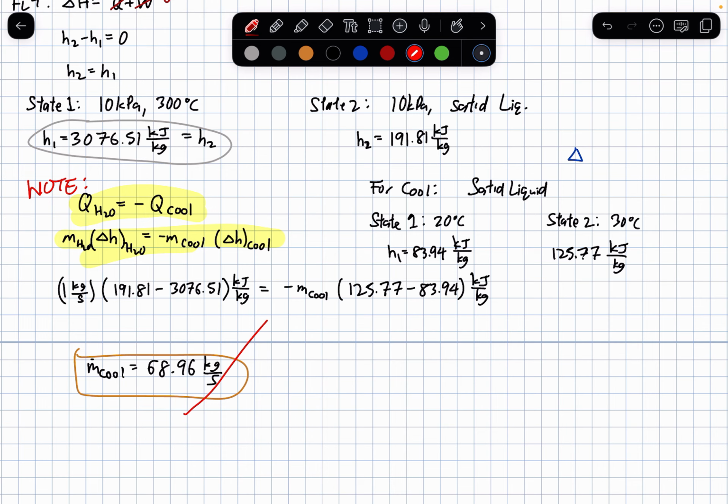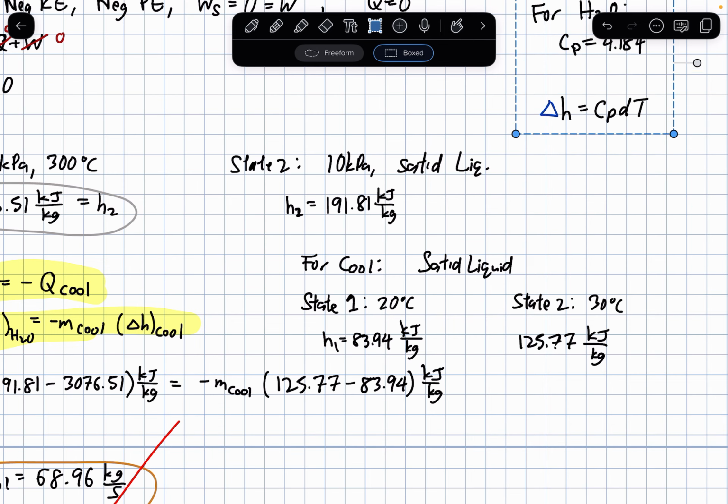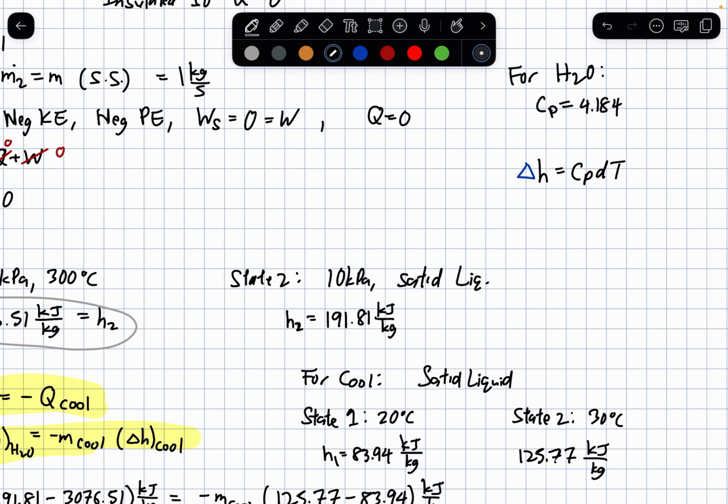This is already correct, but I want to see this. Okay, so delta H equals 41.84.